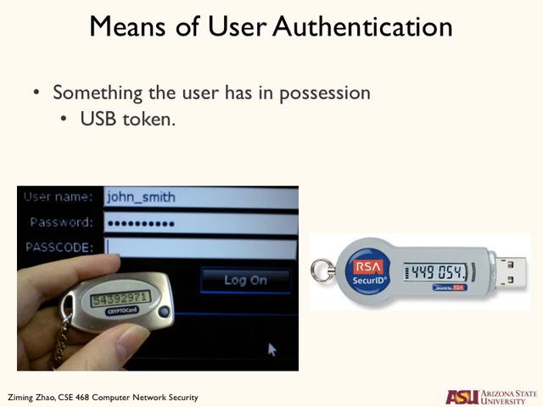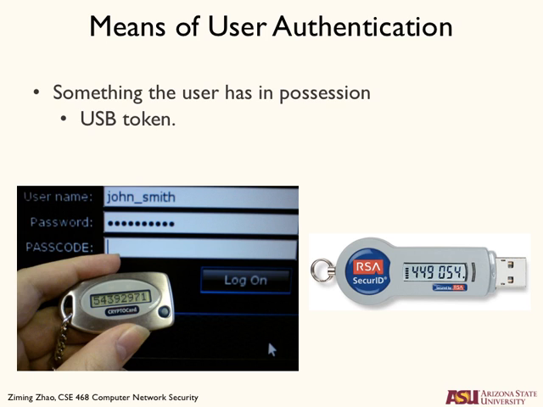We have this RSA SecurID, which has a passcode that changes every minute. When you log in to a website that supports this kind of service, you need to put your username, your password, and another passcode. Technically, they call this two-factor authentication because there are two secrets involved. But the second secret is from something you have in possession.